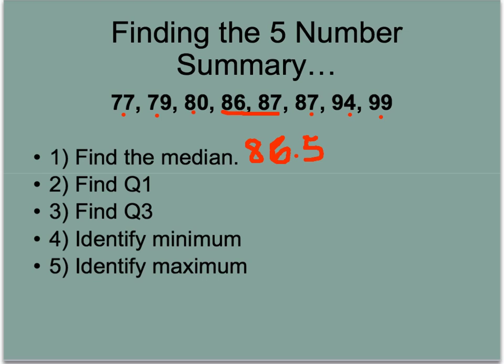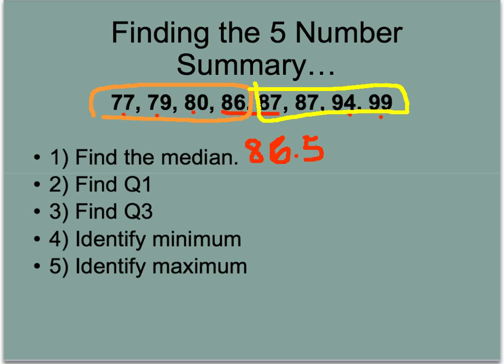Now what the median does for me is split my data into 2 groups. I've got this group, the lesser half, and then the other group I'm going to call the greater half because the values are just larger. And quartile 1 and quartile 3 are the median of each of those parts.